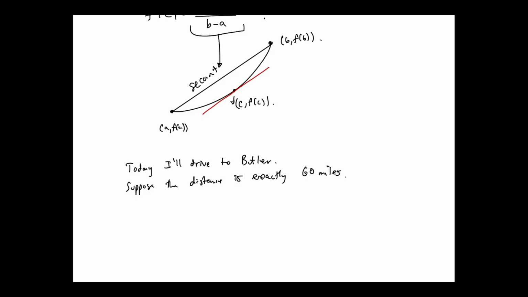I'm just picking; 60 miles is not actually that far off, but let's just say that. Suppose it takes me exactly 1 hour to get there. Okay, what can you conclude about this?